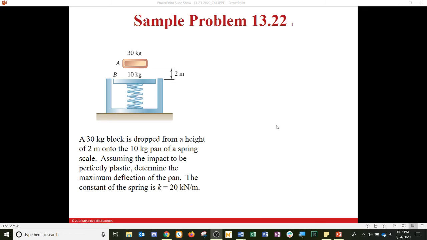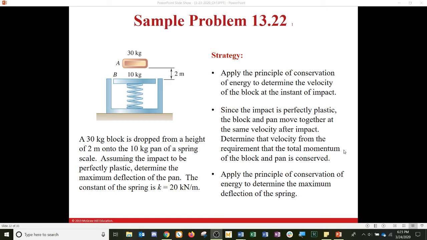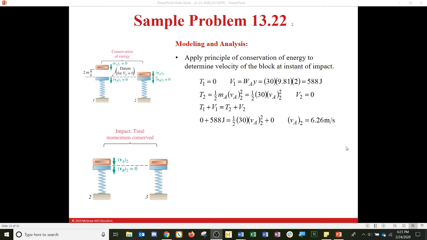Okay. The last one here gives us a mass hitting a platform on a spring, and there's a perfectly plastic coefficient, which is to say the mass does not bounce. And so this is a nice perfectly plastic coefficient example, and you can analyze it as such.